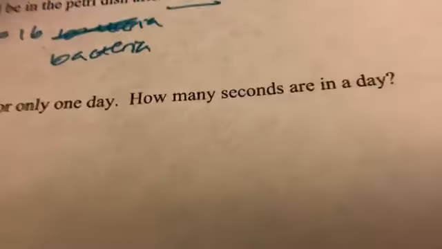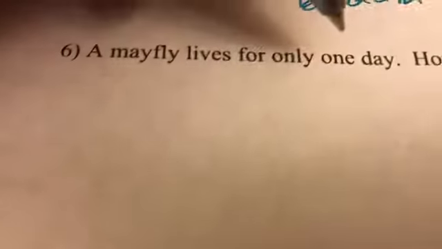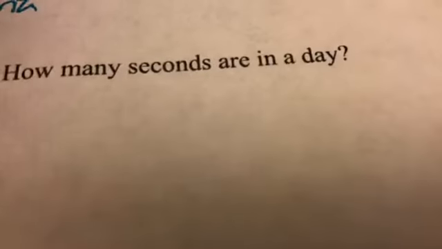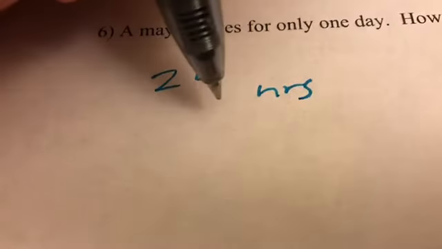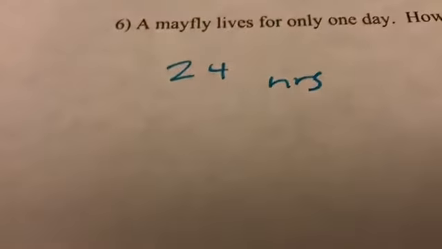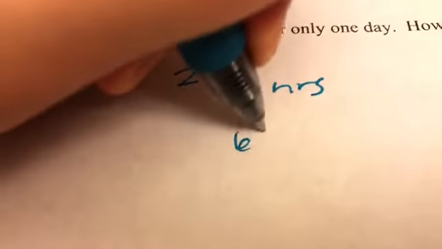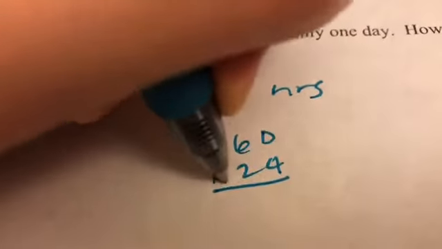How many seconds are in a day? That is very easy. If you do not know this, I will be a bit concerned for you. And okay, so 1 day has 24 hours. And each hour has 60 minutes. So 60 times 24.